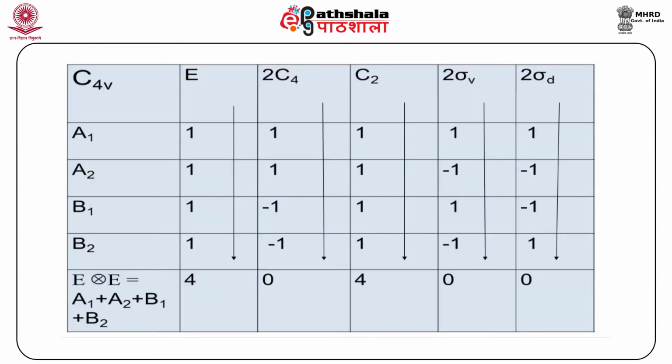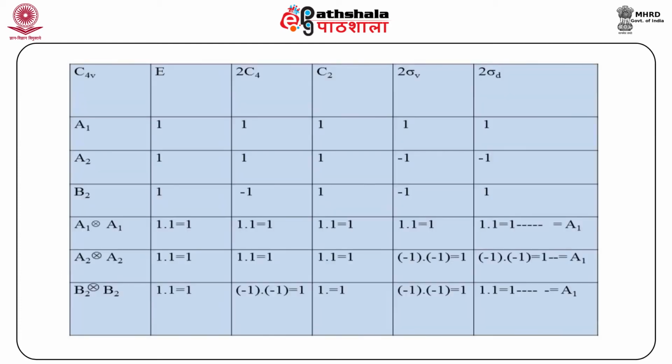Thus, tau for E into E, that is this 4, 0, 4, 0, 0, can be reduced to A1, A2, B1, B2. Decomposition can be verified easily. Take the sum of the characters of irreducible representations A1, A2, B1, B2, and it will be equal to the direct product, that is E into E, that is 4, 0, 4, 0, 0.